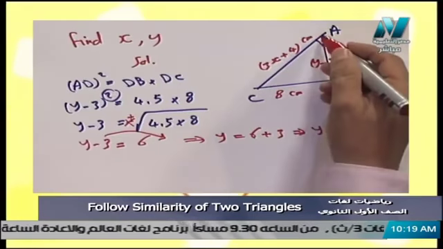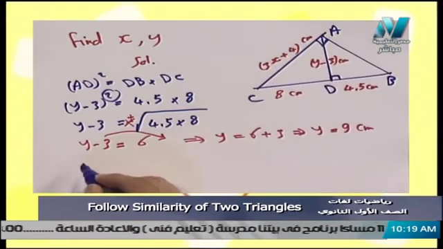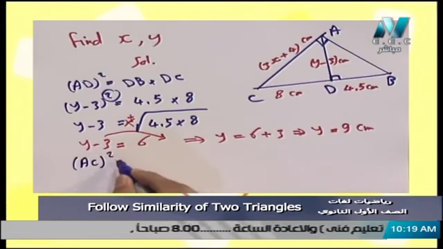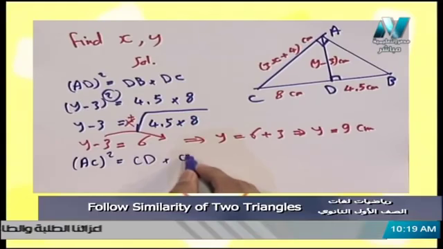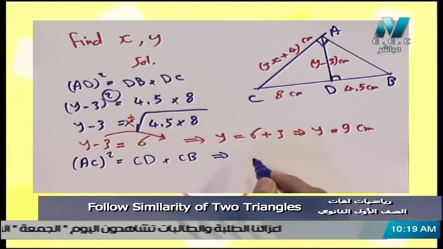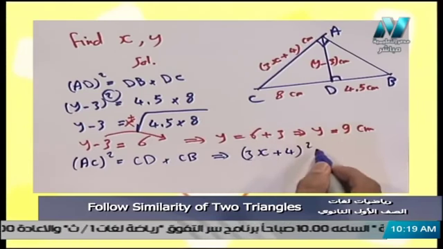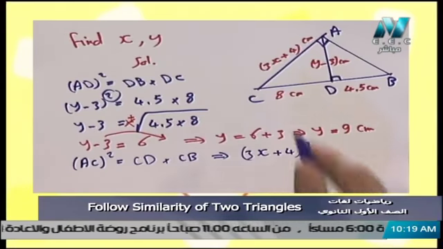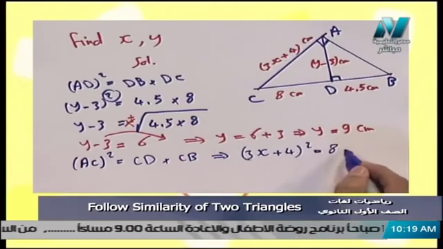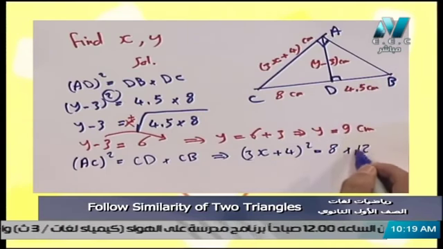To find x, we will deal with AC here. And we know from the similarity that AC power 2 equals CD multiplied by CB. AC power 2 means 3x plus 4 all power 2, and it also equals 8, which is CD, multiplied by CB. Yes, 8 plus 4.5 equals 12.5 centimeters.